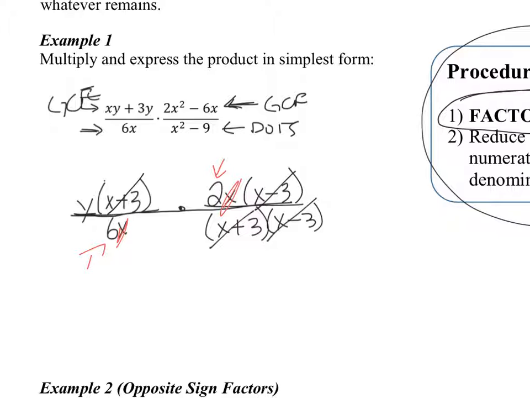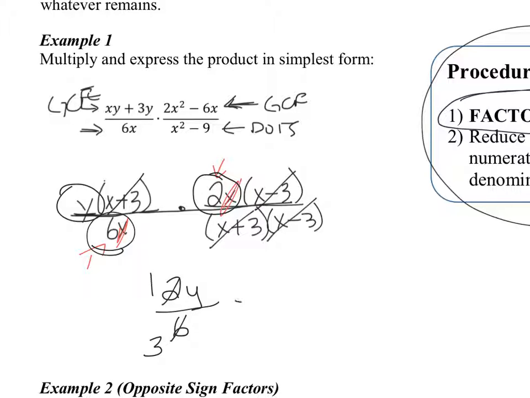So you can, if you want, do like a 2y, multiply everything that's left. So the y and the 2 is left on the top, and only the 6 is left on the bottom. This isn't totally reduced, so you have to take one more step and find a number that divides into 2 and a 6. So 2 goes into 2 once, and 2 goes into 6 3 times.